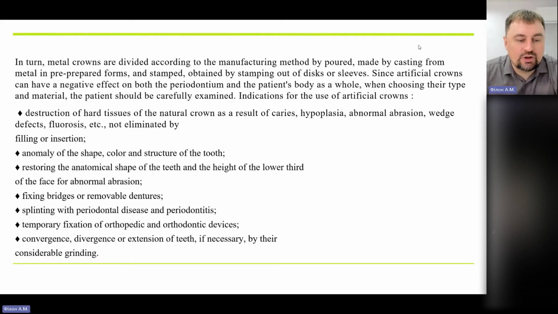Restoring the anatomical shape of the teeth and the height of the lower third of the face for abnormal abrasion. Fixing bridges or removable dentures. What does it mean, the lower third part of the face for abnormal abrasion?